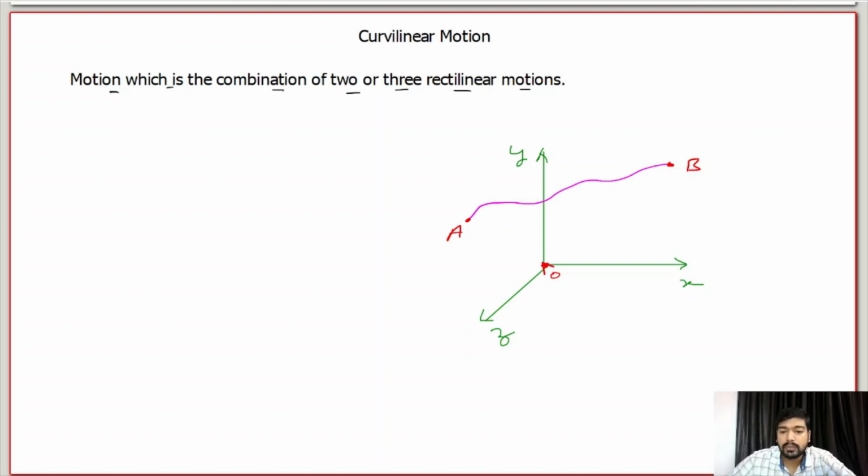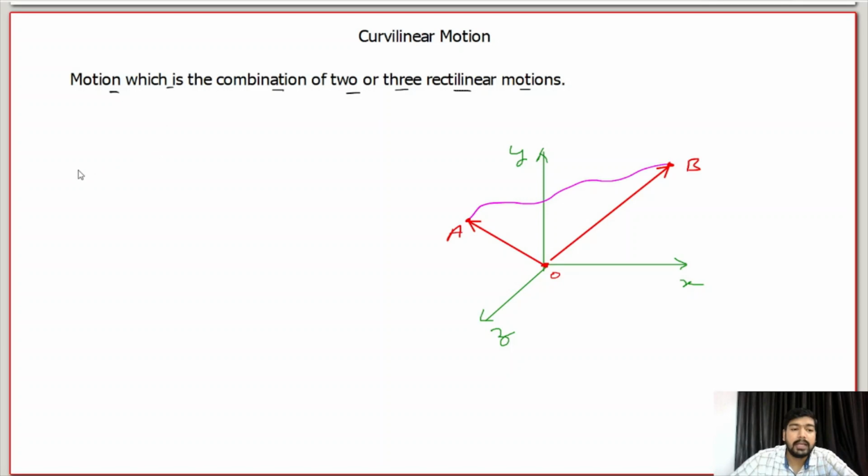We will take the position vector of this point and of this point. Simple. And we will break down all the equations which we have seen for uniform constant acceleration and the equations for non-uniform acceleration, in the x coordinate, in the y coordinate, as well as in the z coordinate if required.